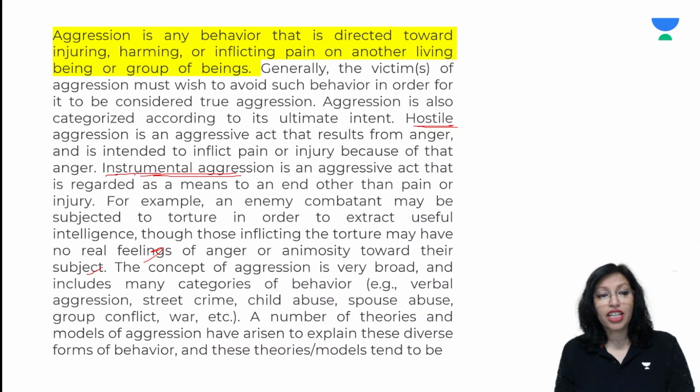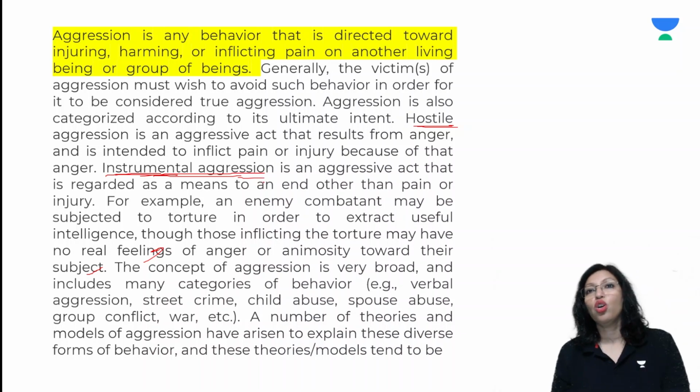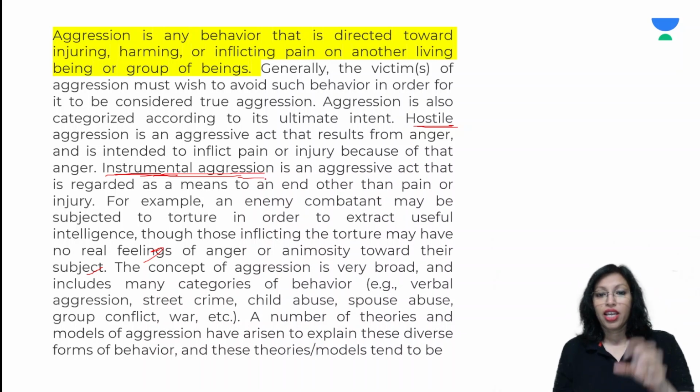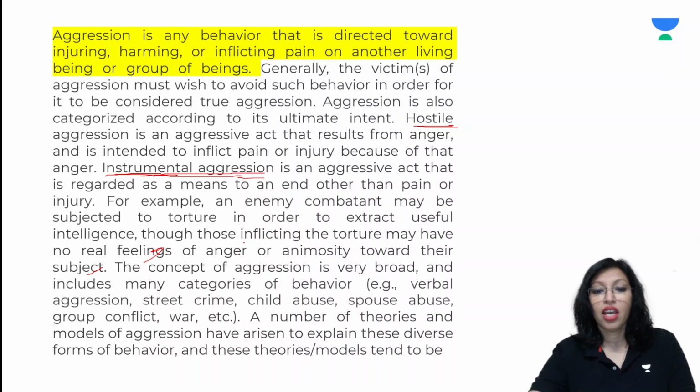So instrumental aggression is the kind of aggression that will lead for you to do something else. So the causing of the pain is not the goal of the instrumental aggression. The goal of the instrumental aggression is something else. Hostile aggression is where you wish to hurt someone. For example, an enemy combatant may be subjected to torture in order to extract useful intelligence, although those inflicting the torture may have no real feelings of anger or animosity towards the subject.